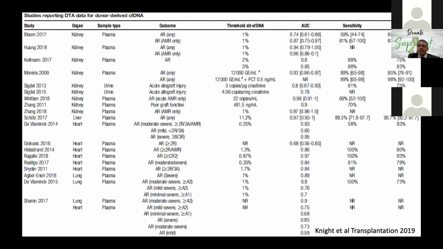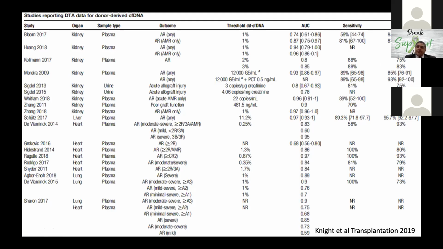So the test sensitivity ranges depending on the study and depending on the organ that is being tested. So we have a sensitivity range between 59 and 89%, and specificity that is a little better than the sensitivity here. We can get up to 98%. So what does that tell us?